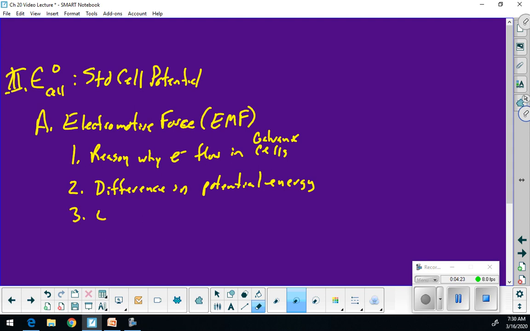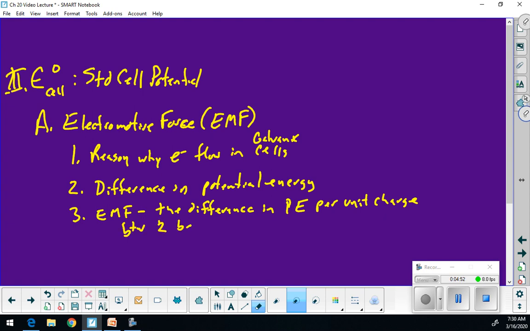And so what is my EMF? My EMF is the difference in potential energy per unit charge between two bodies.